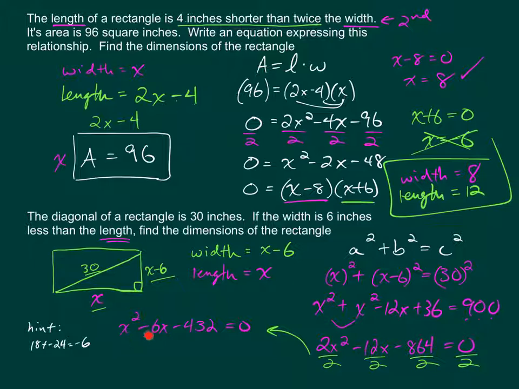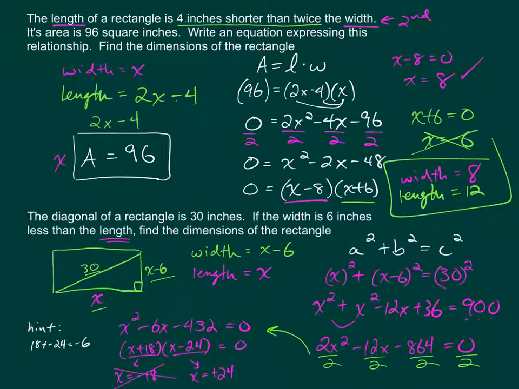So after you do that and you get your factors, x plus 18 and x minus 24 equals 0, you can set each one equal to 0 and solve for x. This one would give you x equals negative 18, and this one would give you x equals positive 24.